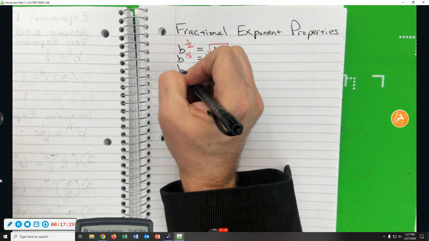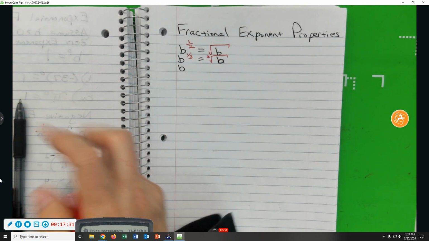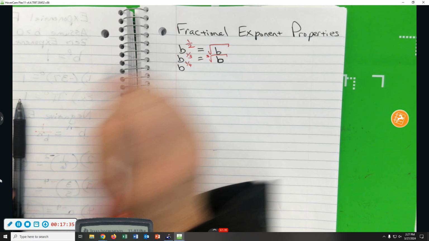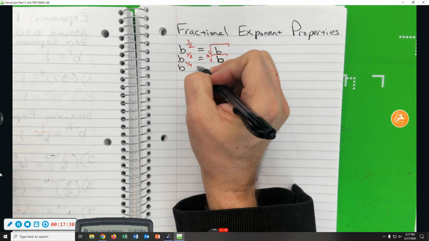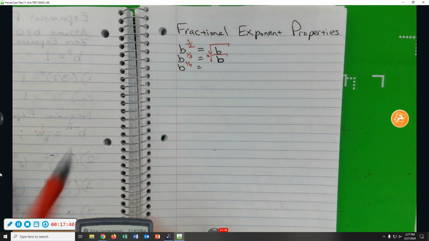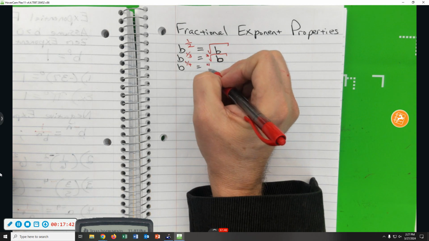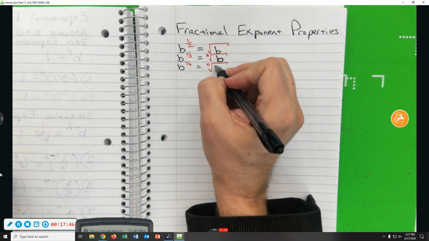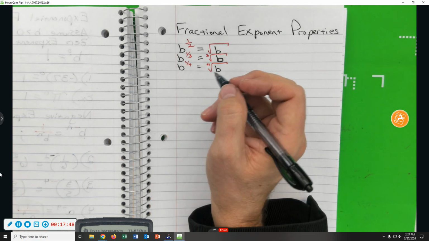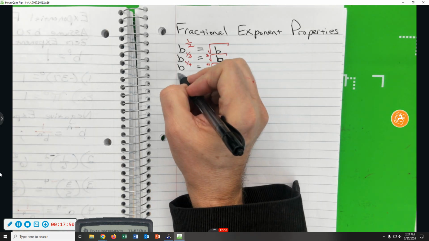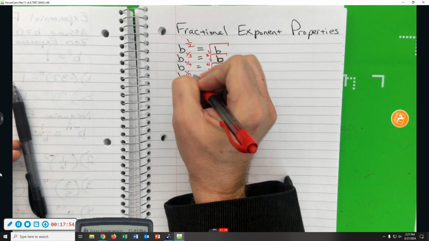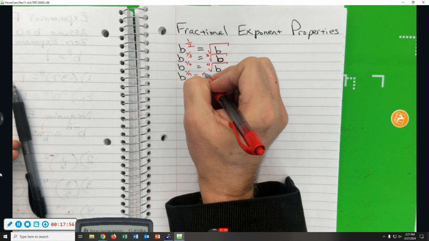Y'all tell me, b to the 1/4. What sort of a radical will we have there? It won't be a cube root. There will be a 4th root of b. And in general, if you have an exponent of 1 over n, b to the 1 over n, that's defined to be the nth root.